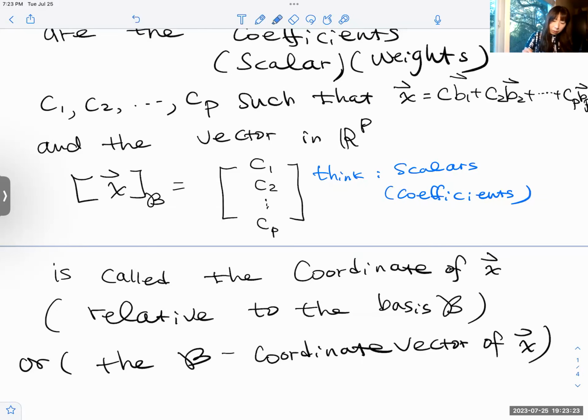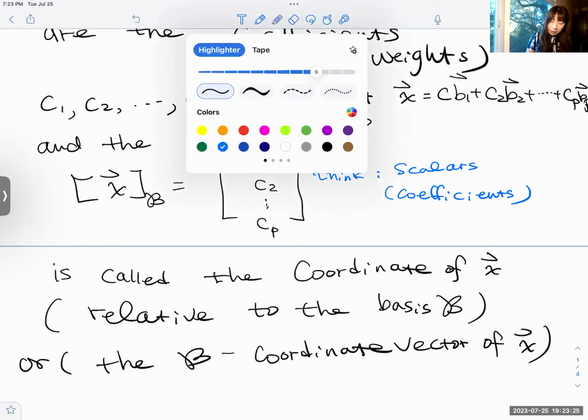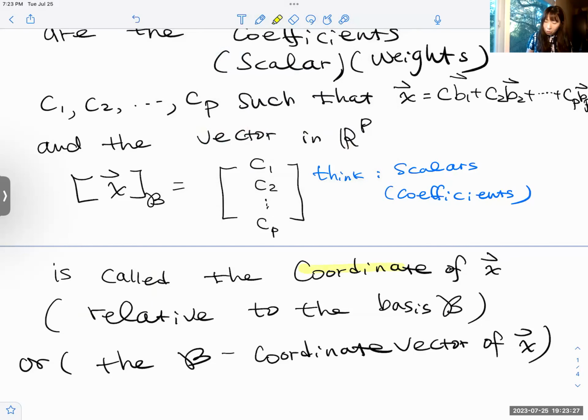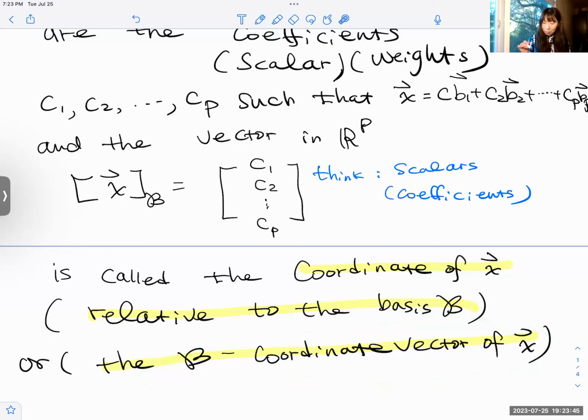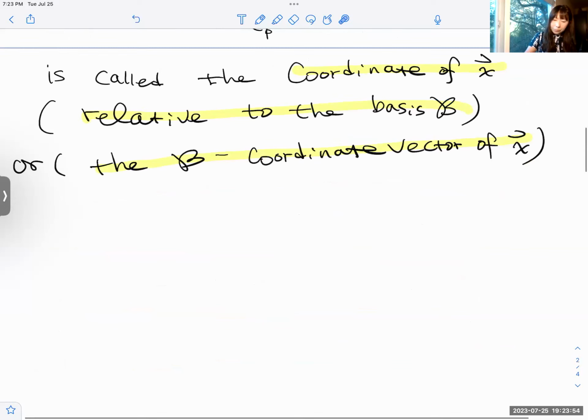So we have three different names. I think this is best called the B coordinate vector of x. All right.